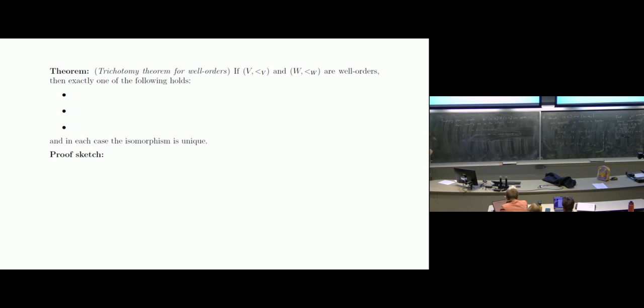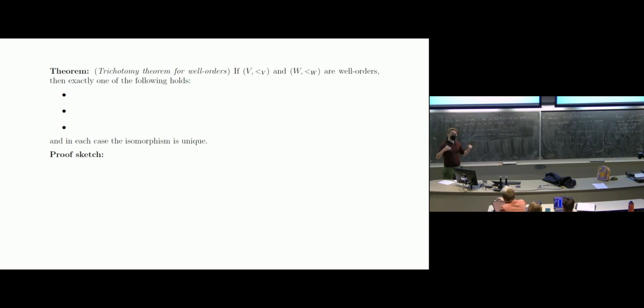So the intuition is eventually one of the sets runs out of elements. Maybe they both run out at the same time, in which case they're isomorphic. Or maybe W runs out first, in which case W is isomorphic to an initial segment of V. Or maybe V runs out first, in which case it is isomorphic to an initial segment of W.